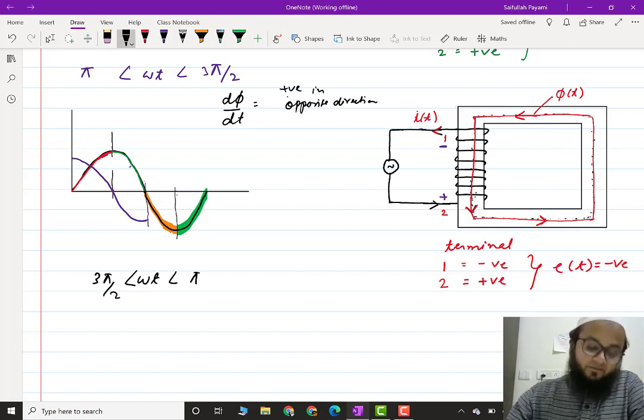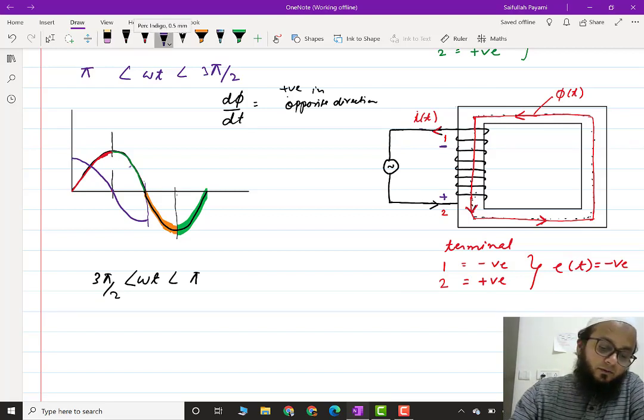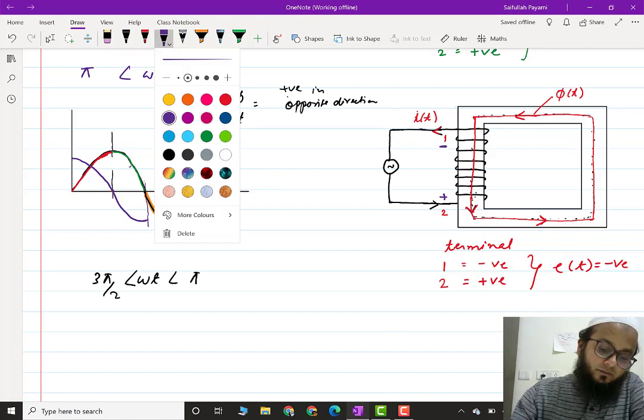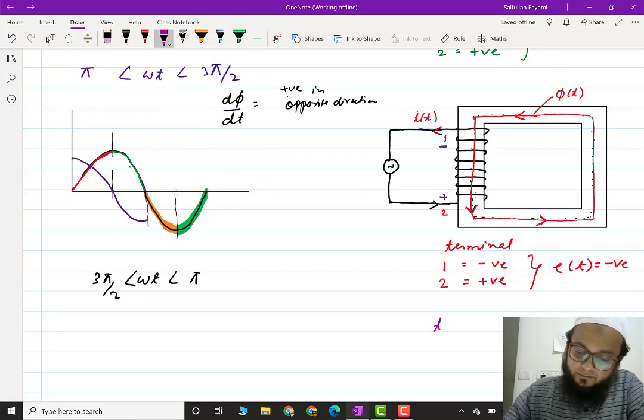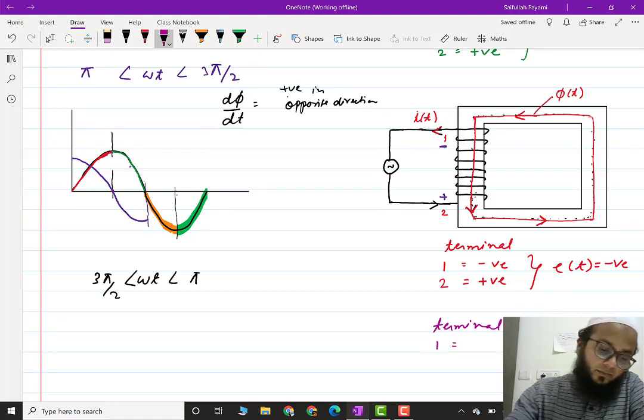You can check by the right hand rule what would be the direction of the induced EMF. So when omega t is greater than 3 pi by 2 and less than pi, in that case, so let's draw this.